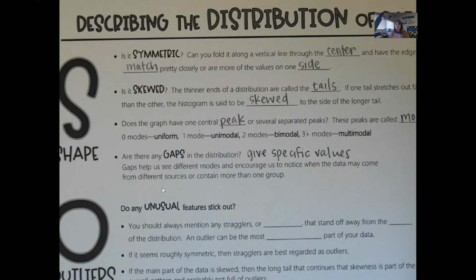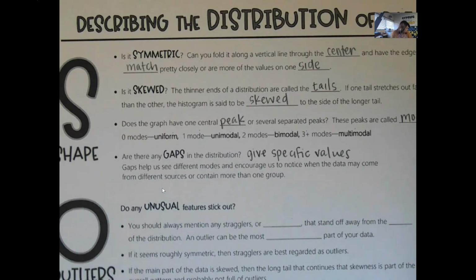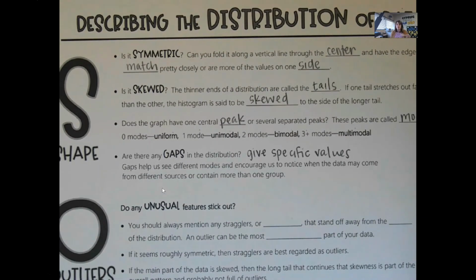You don't just want to say there's a gap in the data. You want to say there is a gap in the data from and to. Or there is a gap in the data at 6. Whatever the situation is, you just want to make sure that you use specific values.